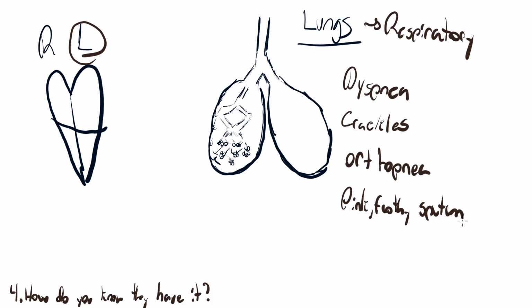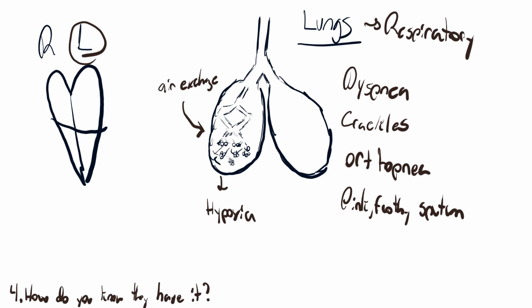Also, what's going on here, right? If you look in here, this is air exchange. What's happening if you're having impaired air exchange, not enough oxygen being exchanged in your lungs? It's going to lead to hypoxia. With hypoxia, what do you see?